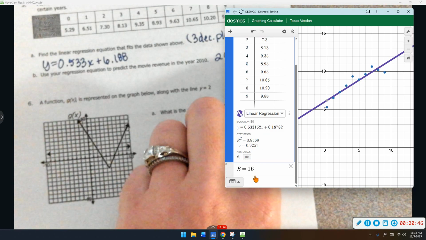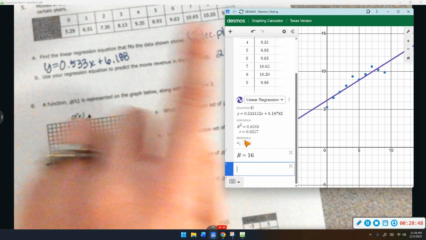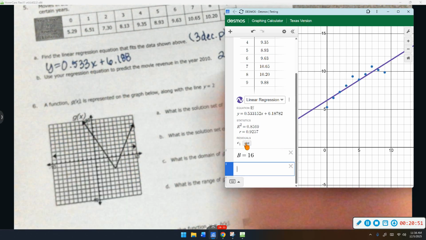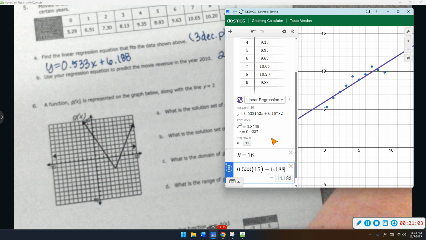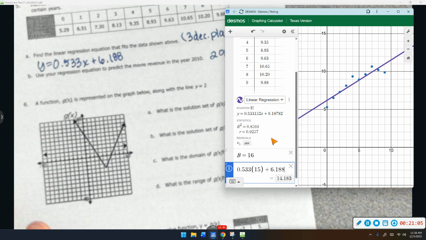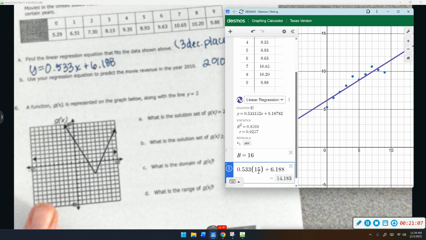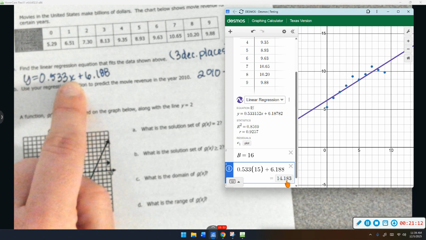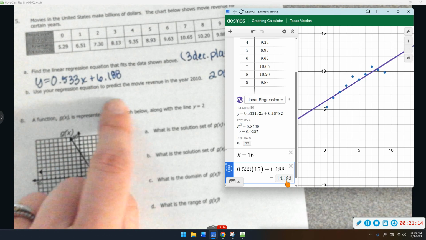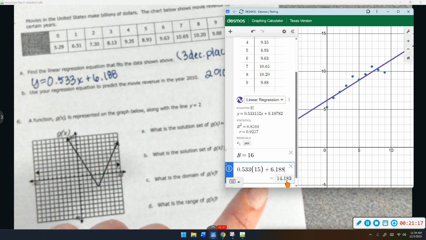So you know what? I'm just going to go down here and use my rounded equation to figure this out. So I'm going to put 0.533 times 15 plus 6.188. All I did there was plug in 15 for x in my rounded equation, and it gives me this. All right, movie revenue. So I got to know what that means. That does not mean that the movies brought in $14 that entire year.